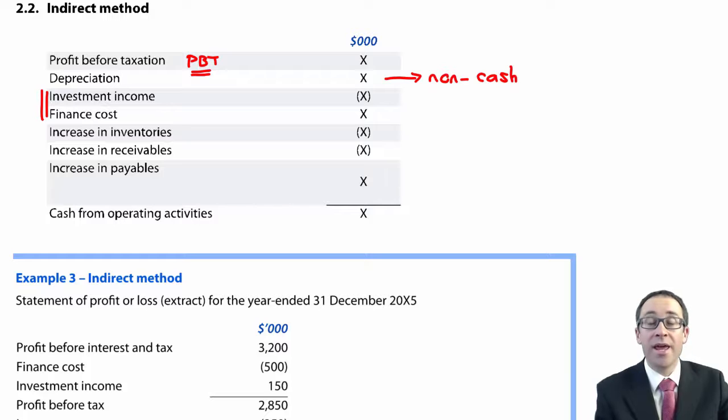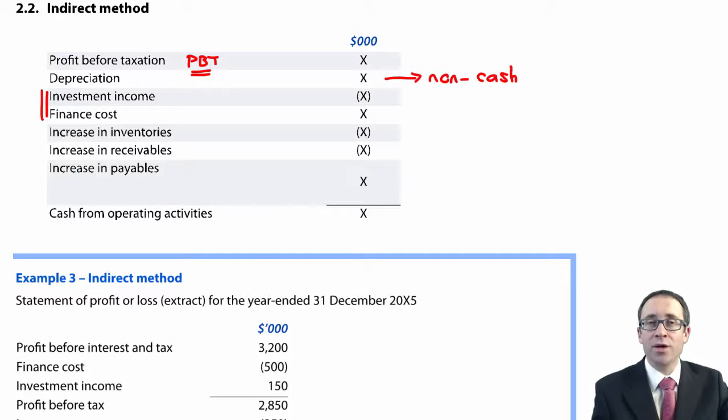So if you've got an increase in inventory, an increase in your receivables, the increased inventory leads to an outflow of cash, doesn't it? Because in order to have increased the inventory, you need to have bought the inventory, and to buy the inventory requires extra cash, doesn't it? Okay.